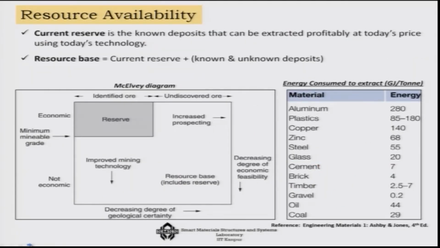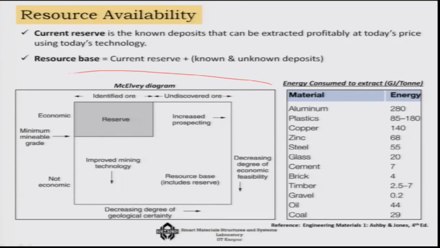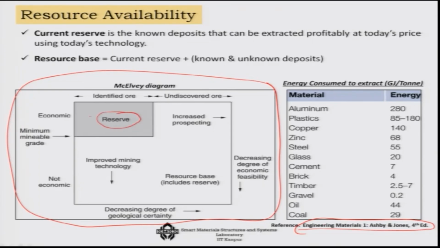Now, in terms of availability, this also brings us to the very famous McKelvey diagram. This is from the engineering materials Ashby and Jones book, which you can use for your reference for this particular beautiful diagram. It tells us that there are two things, one is called reserve and the other is the total resource space.